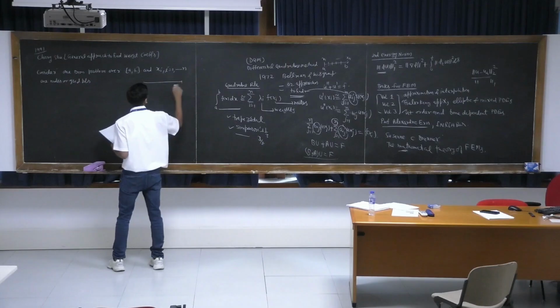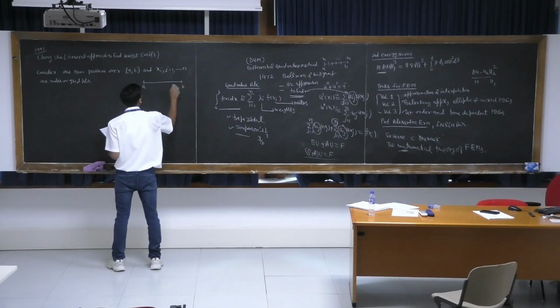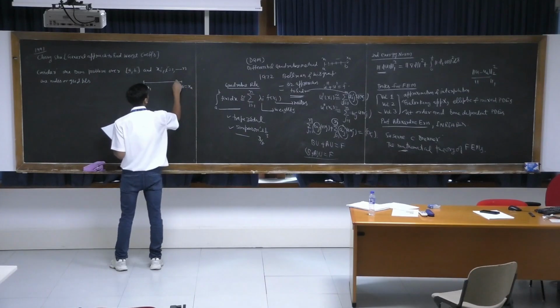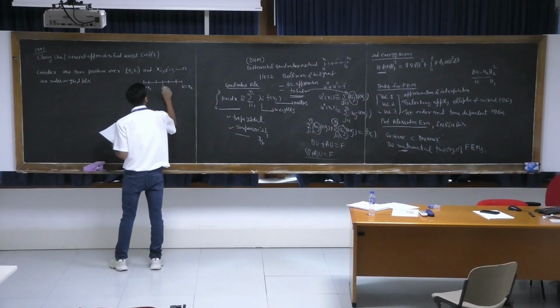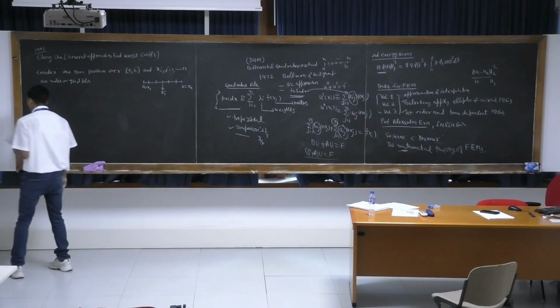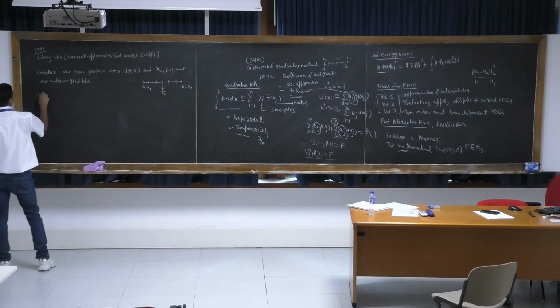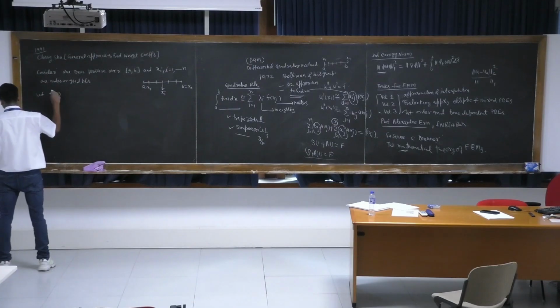Basically this is a to b. Suppose this is x1, this is xn, and suppose this is the xi.